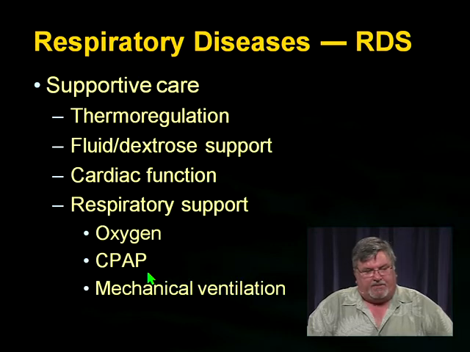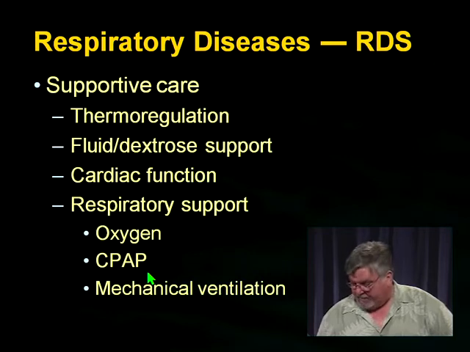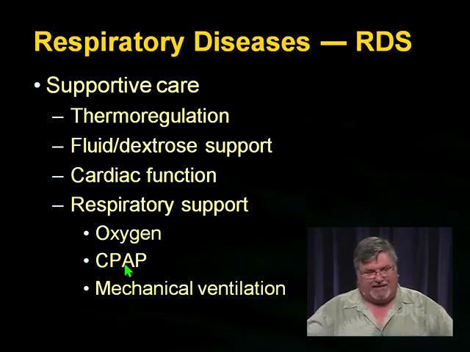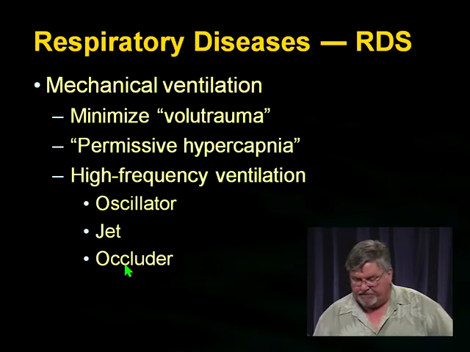We think it's the mechanical ventilation that's associated with the increased incidence of chronic lung disease in these babies, and so we tend not to intubate them unless we have to, and not to give them artificial respirations unless they don't have any respiratory effort on their own, and then trying to extubate them to CPAP as quickly as possible. So CPAP these days is the mainstay of respiratory support for kids with respiratory distress syndrome.